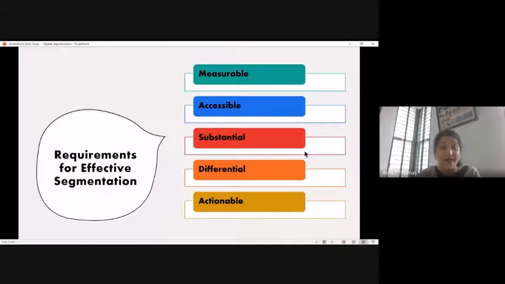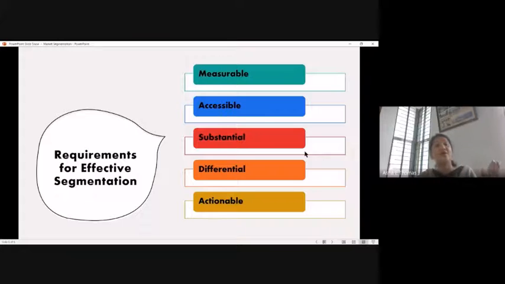In that case, it may not be viable for a company to go with extensive production and distribution if the demand is very minimal. So that is where we call that segmentation not effective. If a very minimal group of people is brought under one segment, then that is not an effective segmentation.